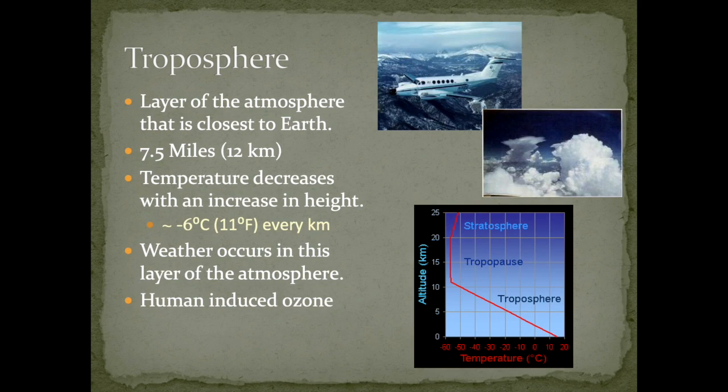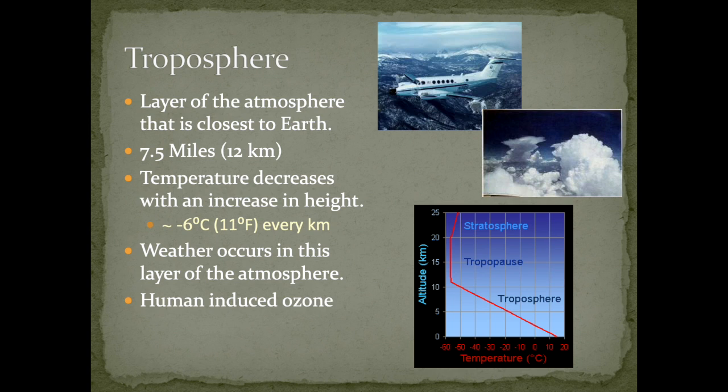So the troposphere, the area closest to the Earth, is only about 8 miles thick. That would be where all the breathable oxygen exists. That's where all of our weather exists. That is where all of our pollution that we make, all of our air pollution exists. As we travel up into the troposphere, the temperature is going to decrease.